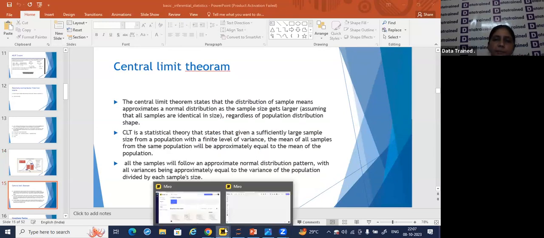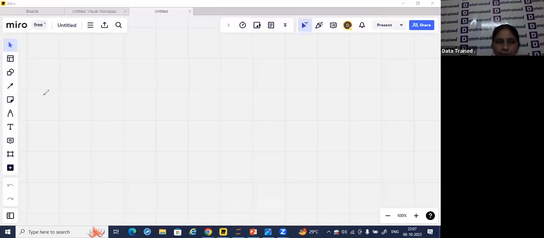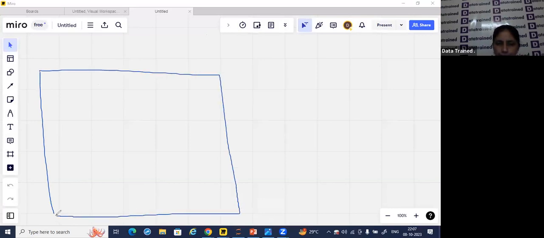Basically, let's understand what this theorem actually says. Suppose I am taking, in Europe, the data scientist salary. Suppose here I'm having 10 lakh people's salaries.